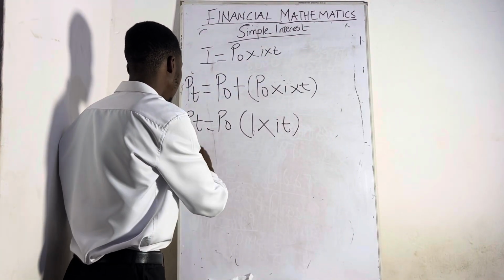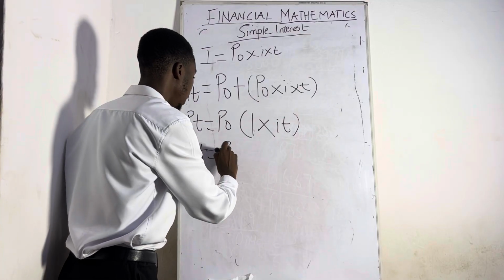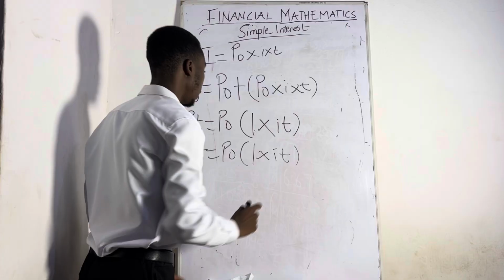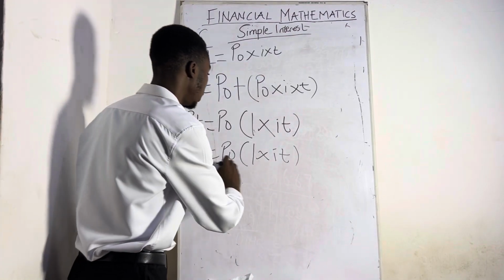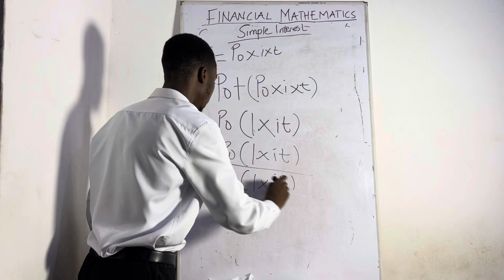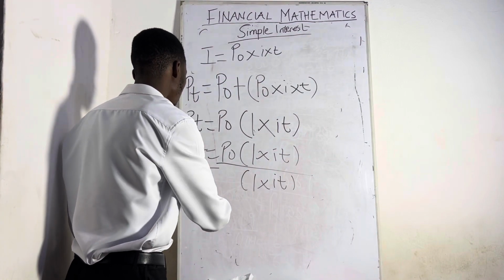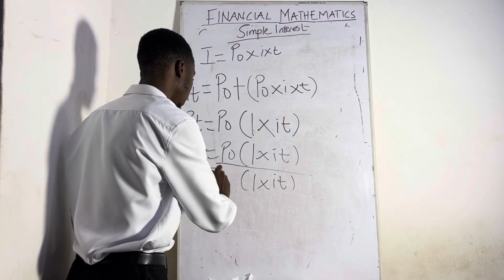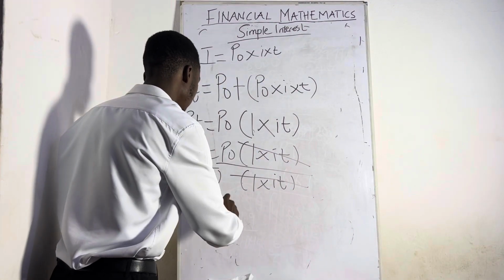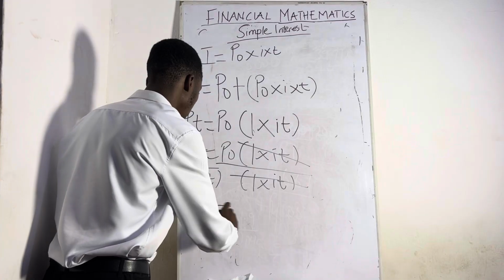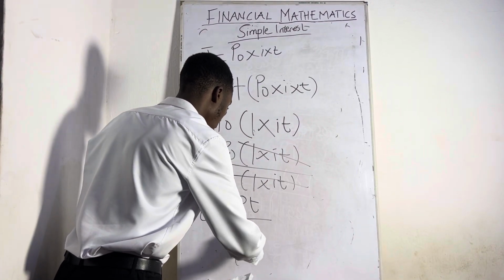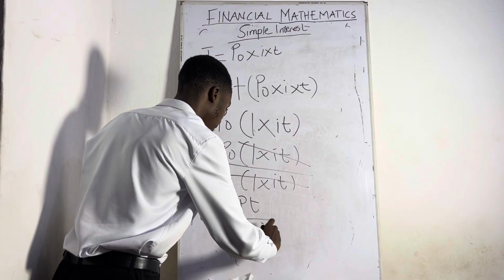So we have PT is equal to P0 into brackets 1 plus IT. To find P0, I divide both sides by 1 plus IT. Then this will cancel this. So at the end of the day, my P0 is equal to PT over 1 plus IT.